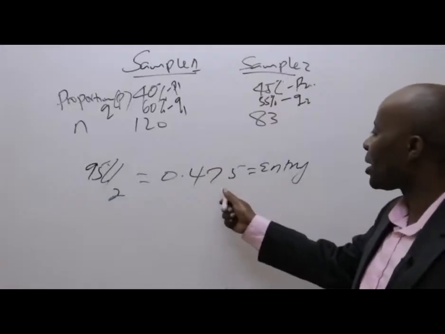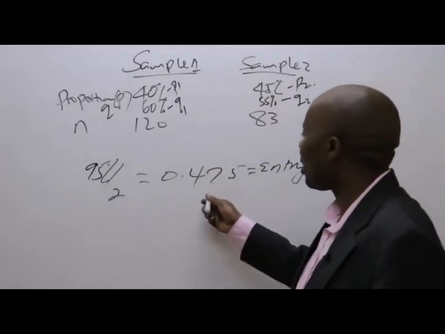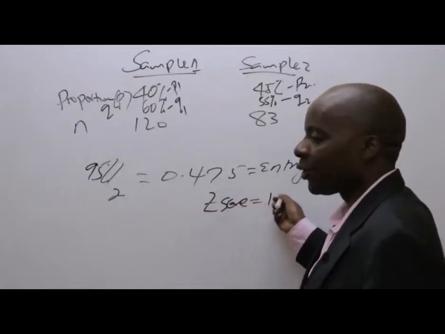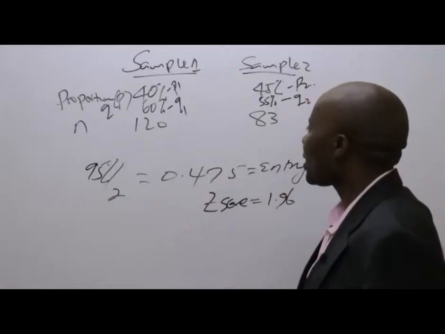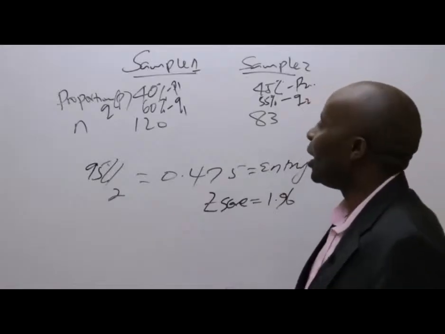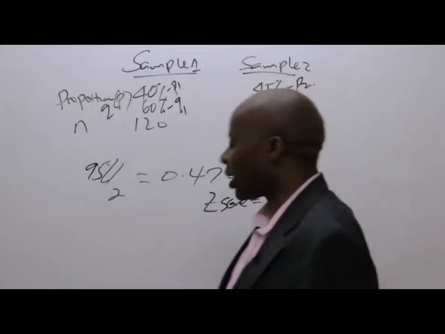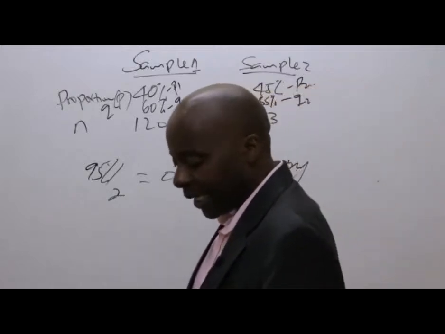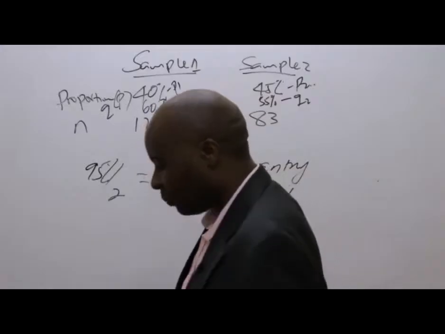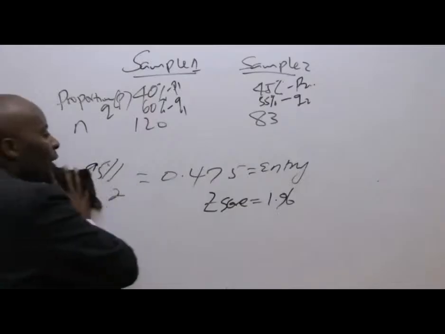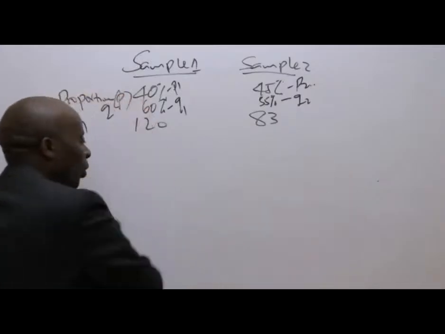So in this case, we have here the Z score. The Z statistic is 1.96. Once I have 1.96, then I will be at home. I will come and give them the 95% confidence interval of our proportions.